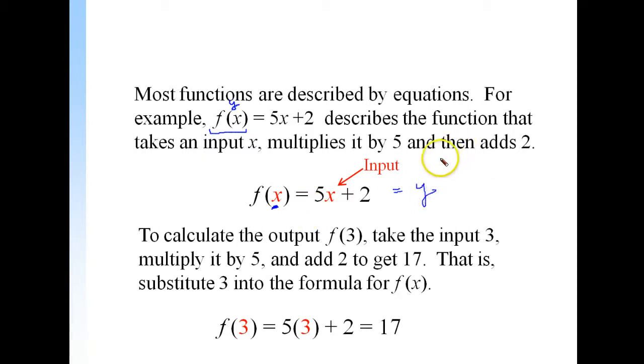Okay? So if your x value is 3, and I would suggest strongly when you do these, you make a little t-chart. There'll be your x, and here's going to be your f of x. That, remember, is like a y. So we're saying f of x, x is going to be 3. We put a 3 where the 5 is. 5 times 3 is 15, plus 2 is 17.